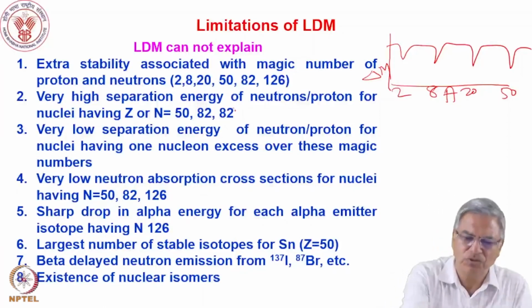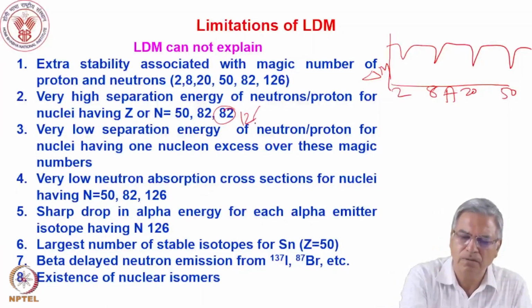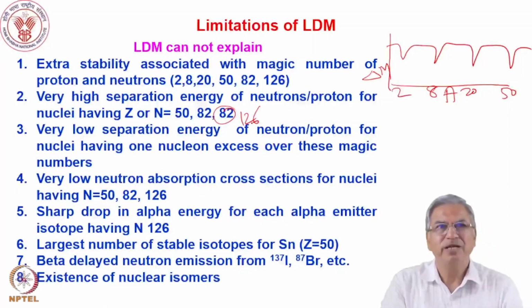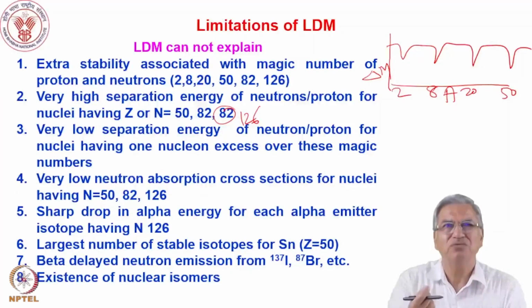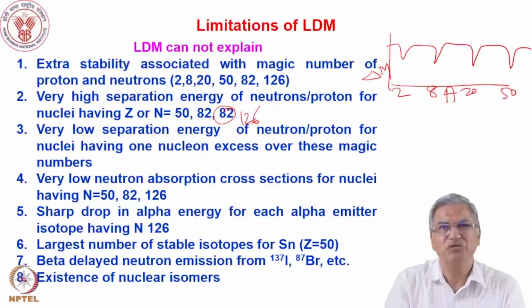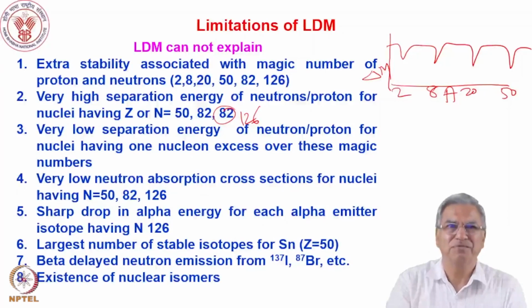Similarly, if you have a nucleus having one neutron or one proton more than the magic number, then that nucleon is very easy to remove. That means the separation energy is very low for nuclei which have magic number plus one nucleon. Again, associated with the magic numbers.